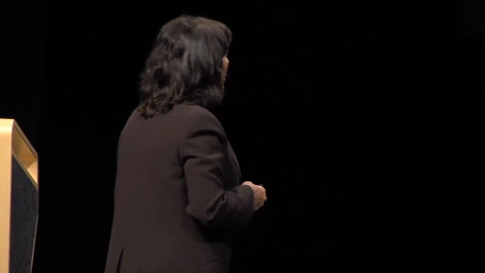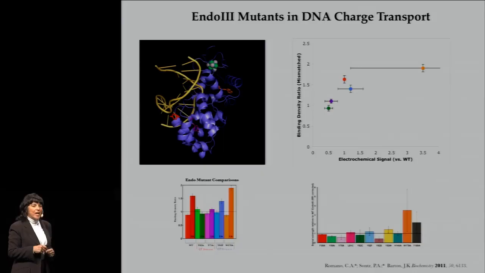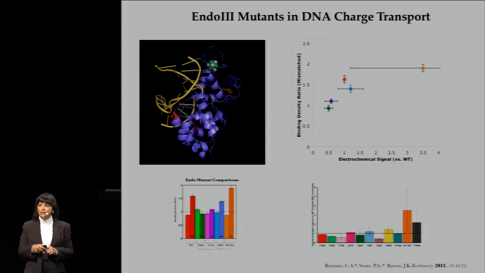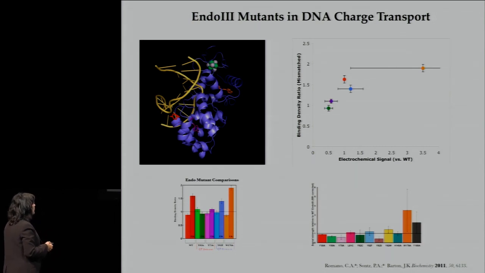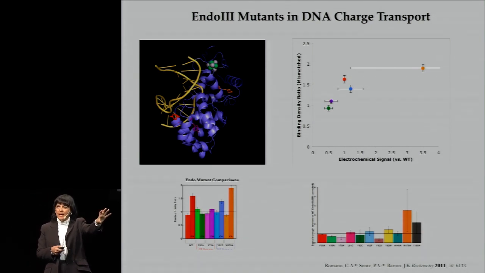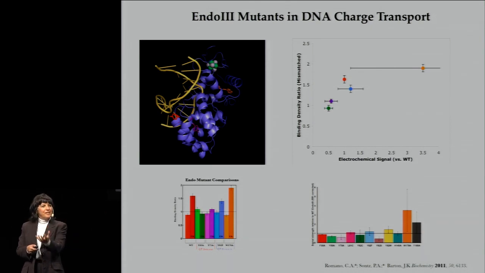And then what we did was we made various mutations of endo-3, this protein that we were looking at that has an iron-sulfur cluster in it. And what we saw was this direct correlation between how well you redistributed onto the mismatched strand versus what kind of signal you had on our electrode. That is, how good the protein was at doing DNA electron transfer.